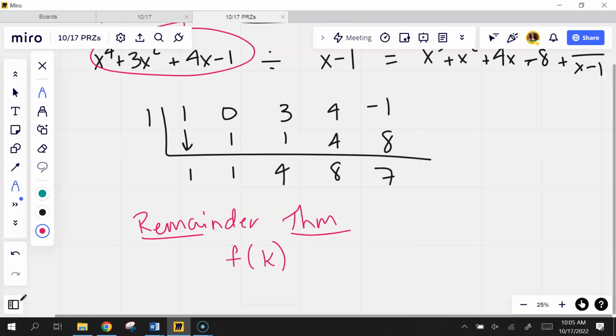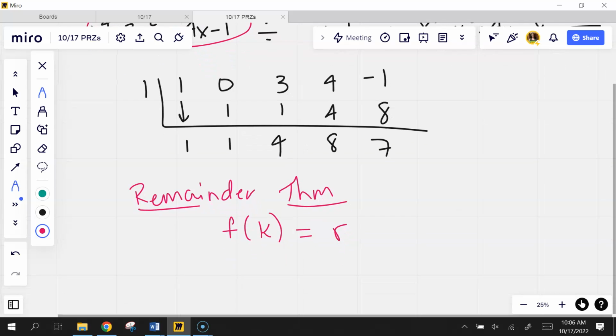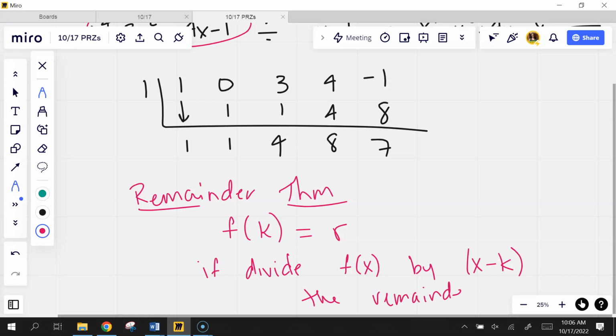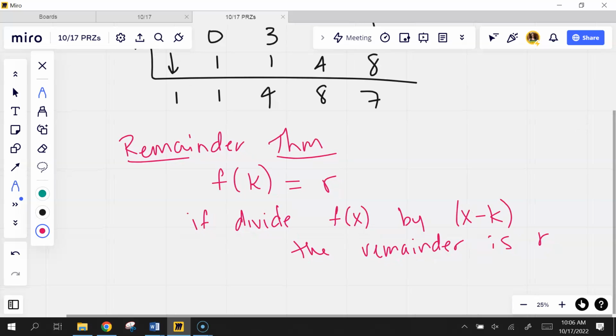I'm going to use k. All right. If I plug k in here and I get some value r, that means if I divide f of x by x minus k, the remainder is r every single time.